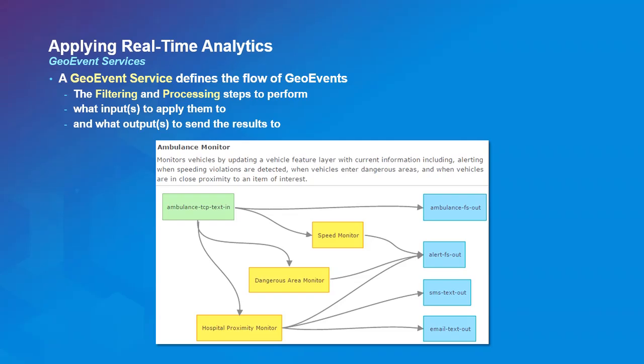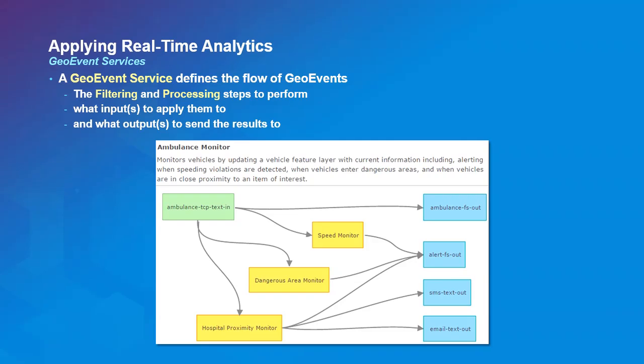So presumably when a vehicle's speeding, you get an alert, right? Also dangerous area detecting, so doing geofence detection, detecting when a vehicle enters a certain area of interest. As well as proximity detector, which is another geofence example. So tell me when vehicles are within a certain distance to a hospital, maybe a 5-minute drive time from that hospital.